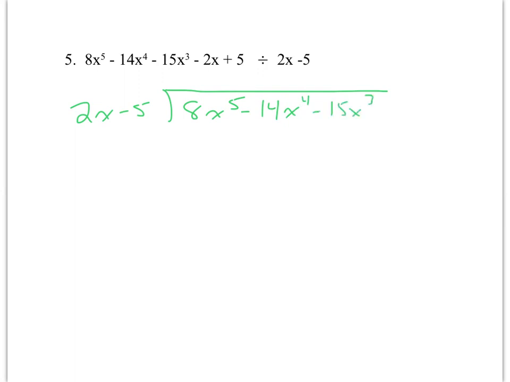Now we need to hold our place for the x squareds, so we've got to put in a 0x squared, then minus 2x plus 5, sorry. Holy moly, I almost ran out of room. So go ahead and divide that out.